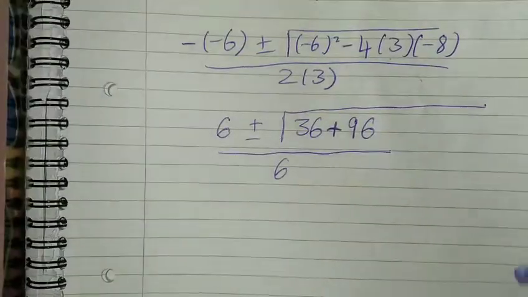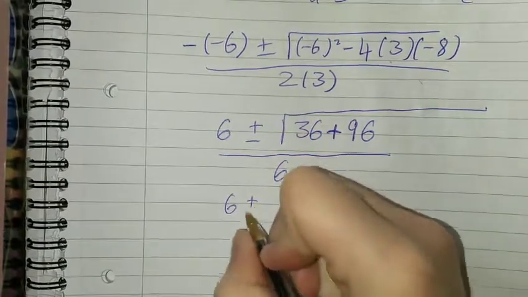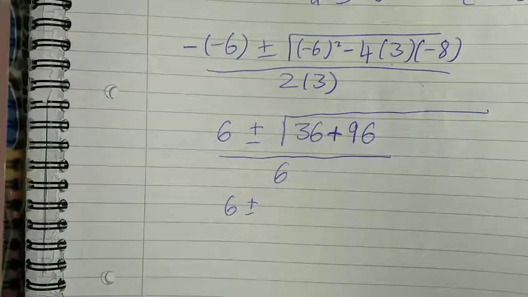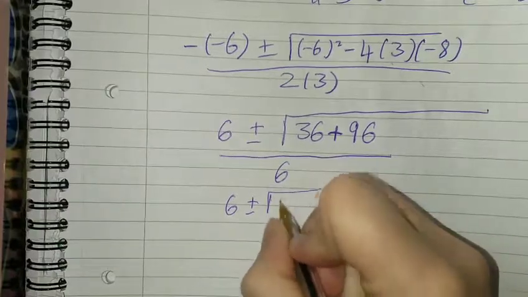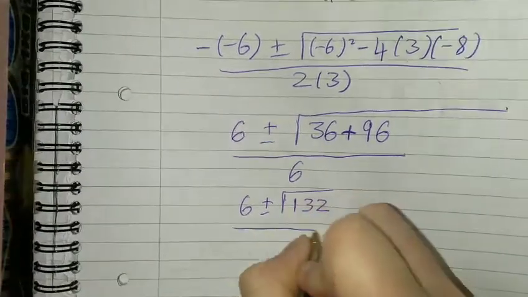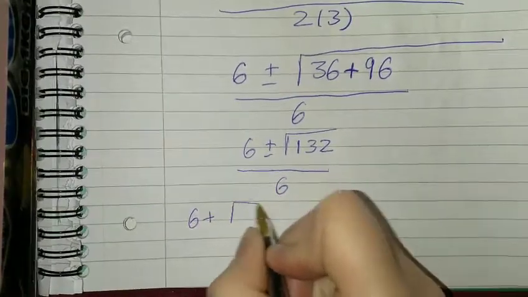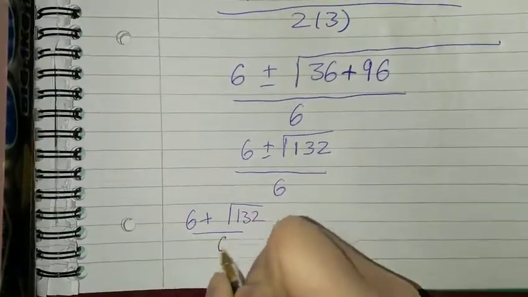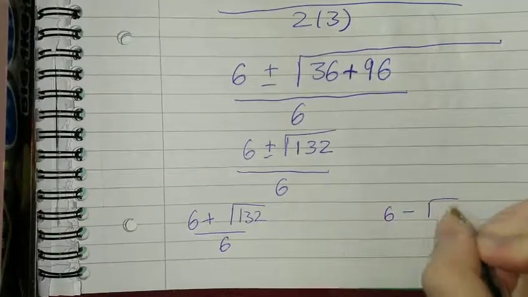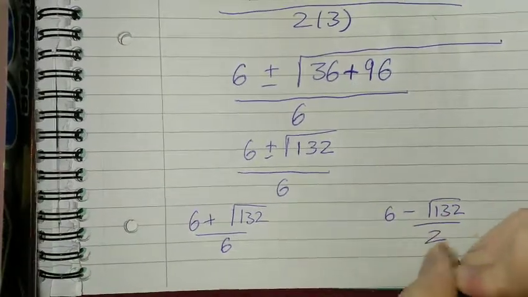Then I'm just going to simplify this. So 6 plus or minus the square root of 36 plus 96, so it'll be 132, all over 6. So I'm going to get two answers. The first one will be 6 plus the square root of 132 over 6, and then 6 minus the square root of 132 over 6.